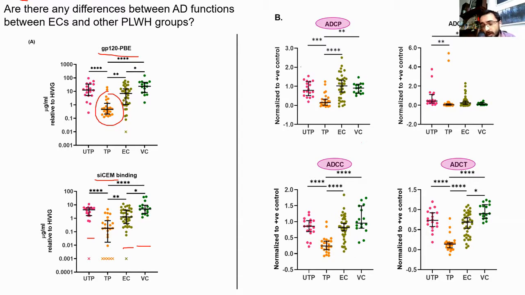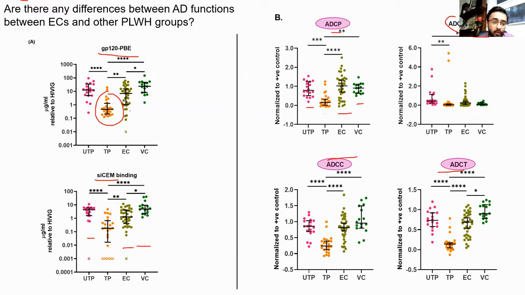And when we measured the amount of functions, we observed similar trends. Elite and viremic controllers have similar levels of antibody-dependent functions as untreated progressors, which were higher than treated progressors for phagocytosis, ADCC, and trogocytosis functions. However, we could not observe any specific differences for the complement function.